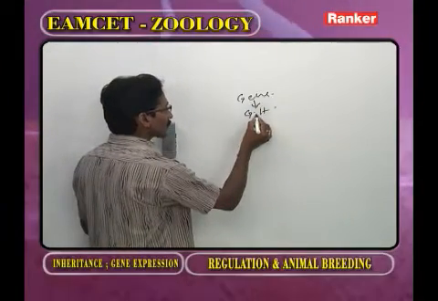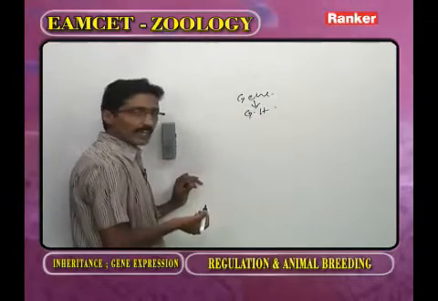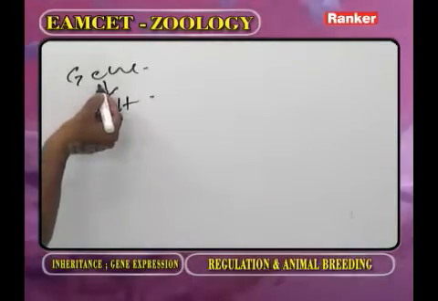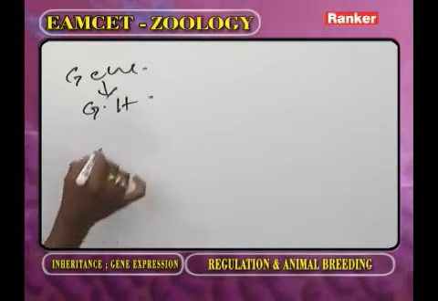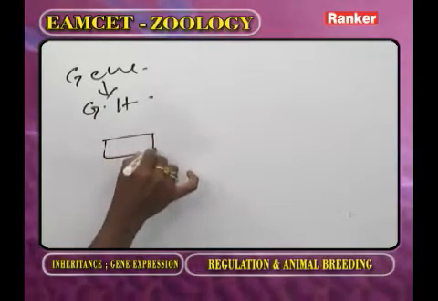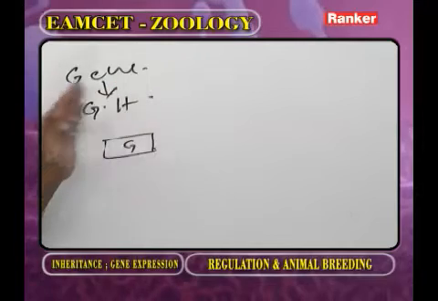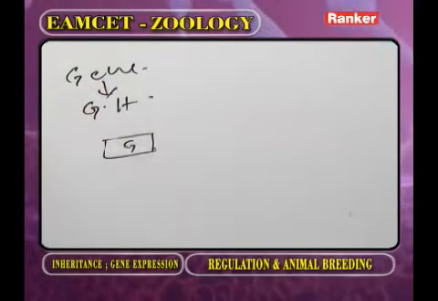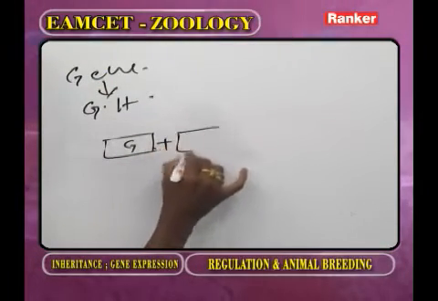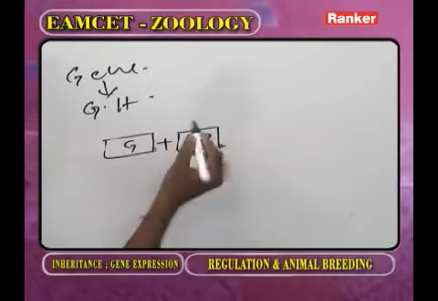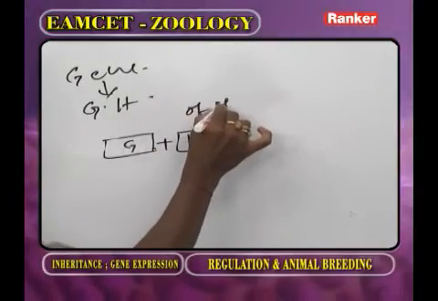Now, from the body of a human being or from the body of a rabbit, they have taken the gene responsible for the growth hormone. Now, it is attached to the promoter. PR means promoter region of mice.